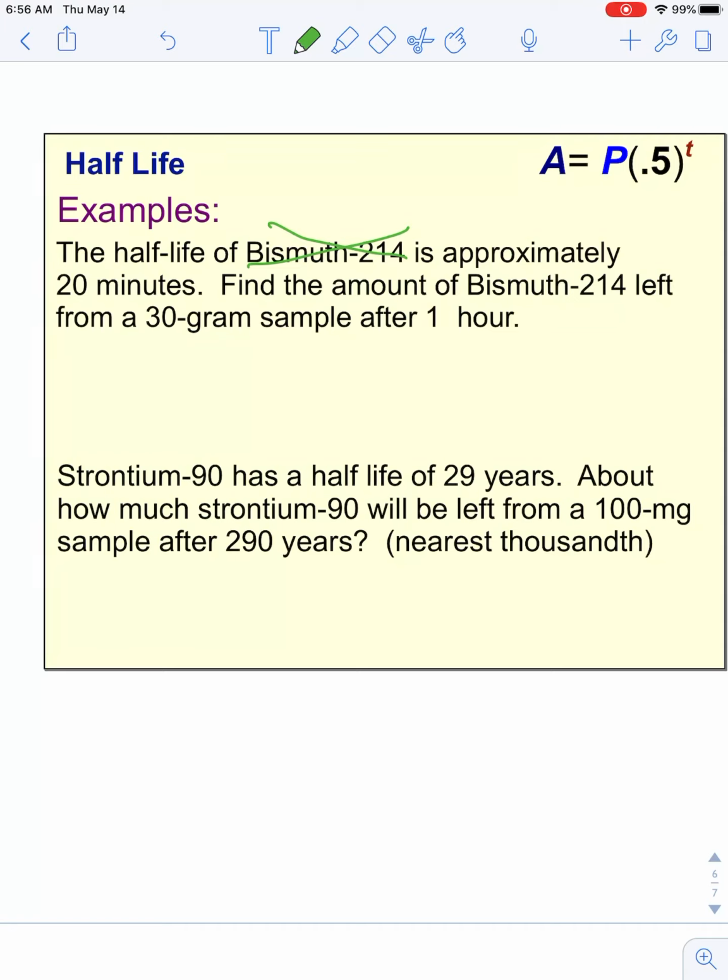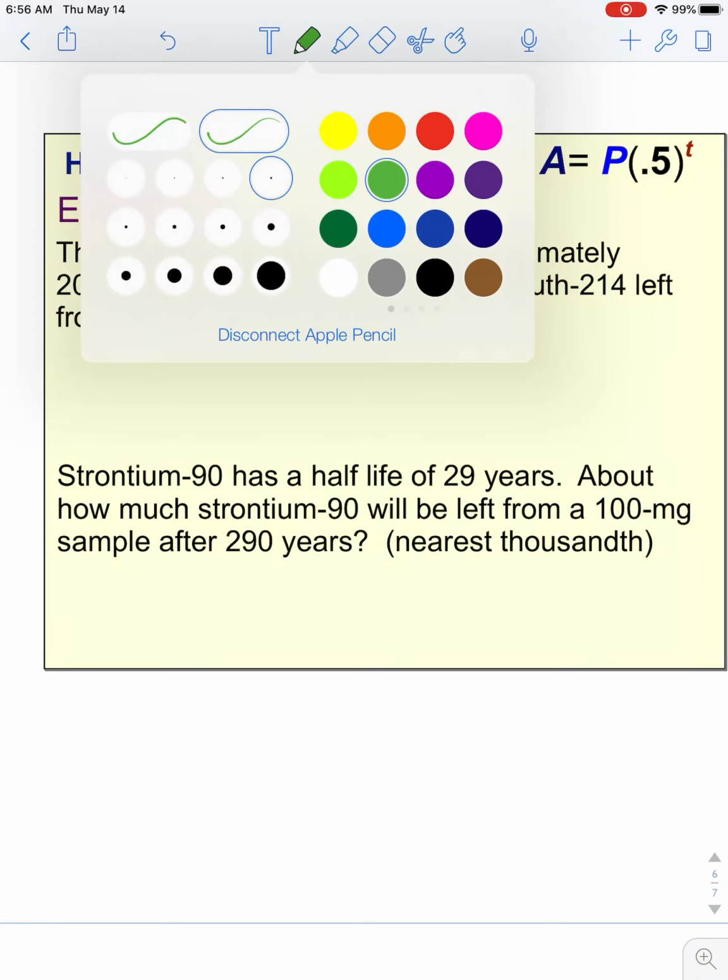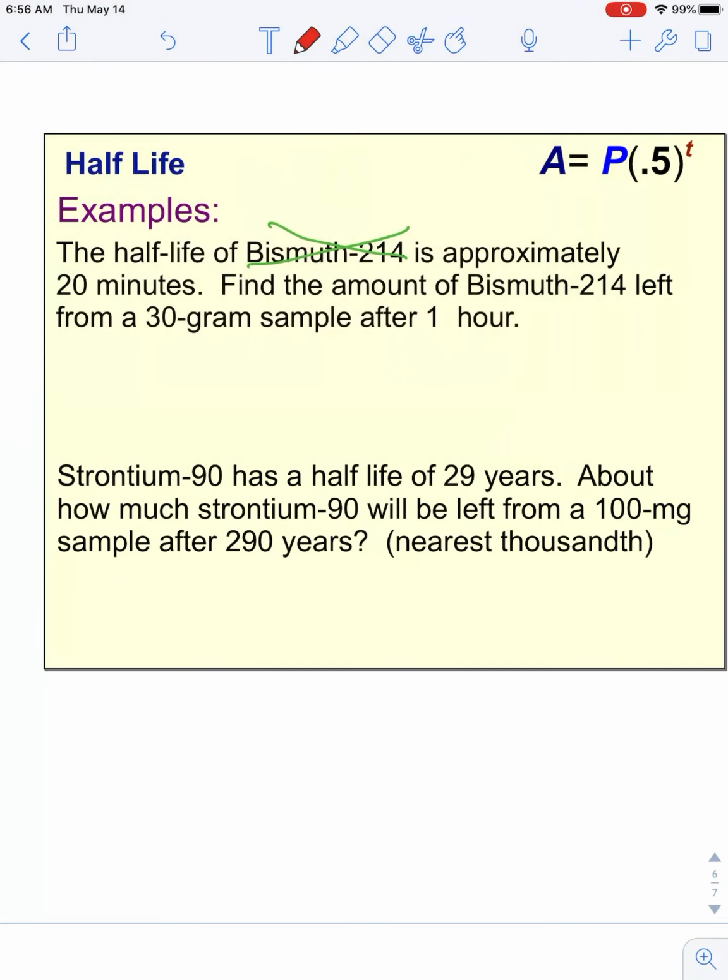That has nothing to do with putting anything into the equation. Okay, so this T part is kind of tricky. It says the half-life is approximately 20 minutes, so that means it cuts in half every 20 minutes. It says find the amount left from a 30-gram sample after 1 hour.